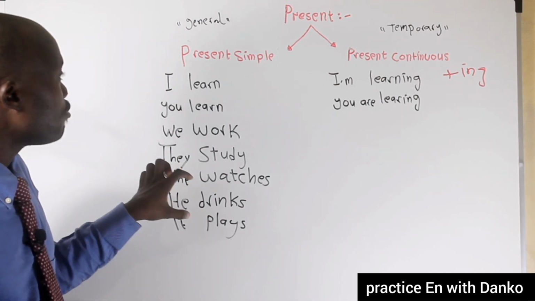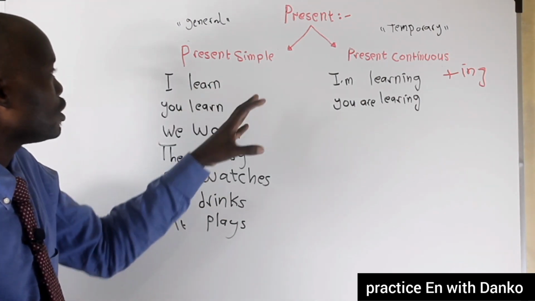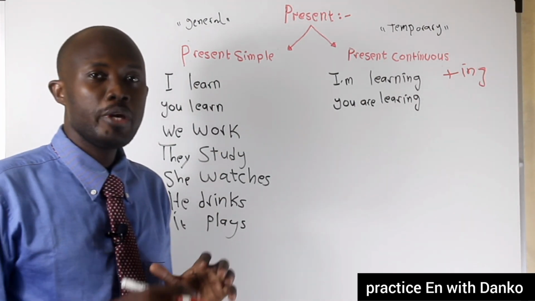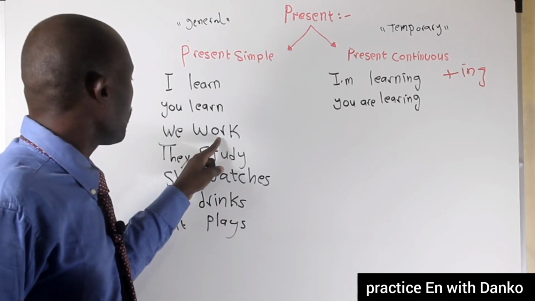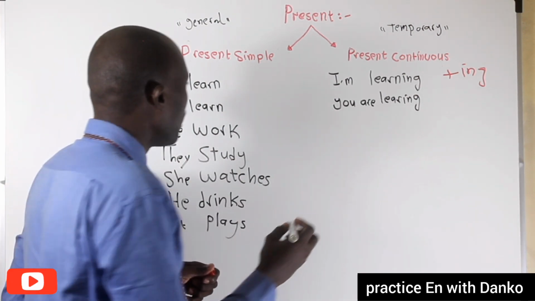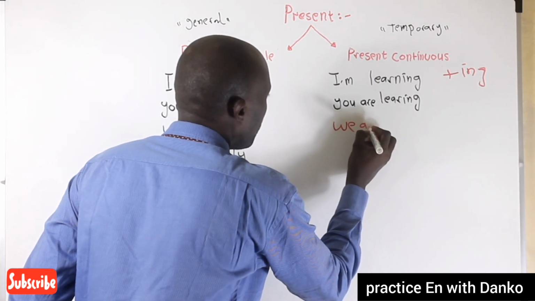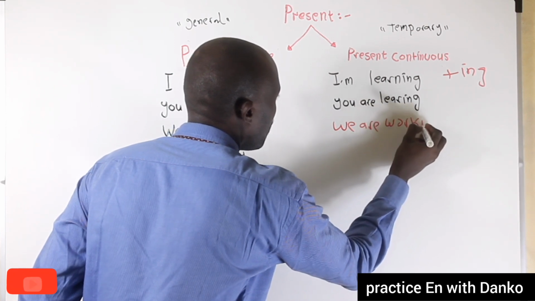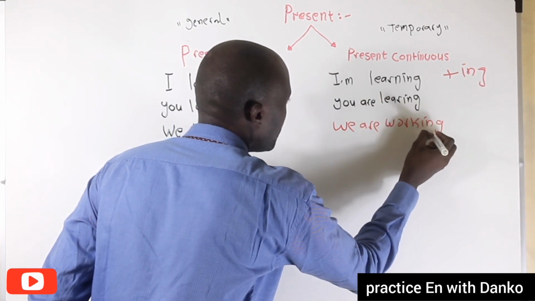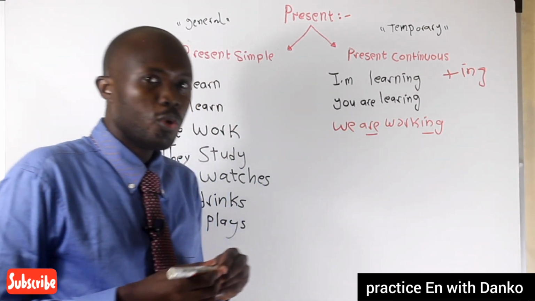But when we have to use it in present continuous, it changes. For example, we work becomes we are working, plus ing and are. We are working.